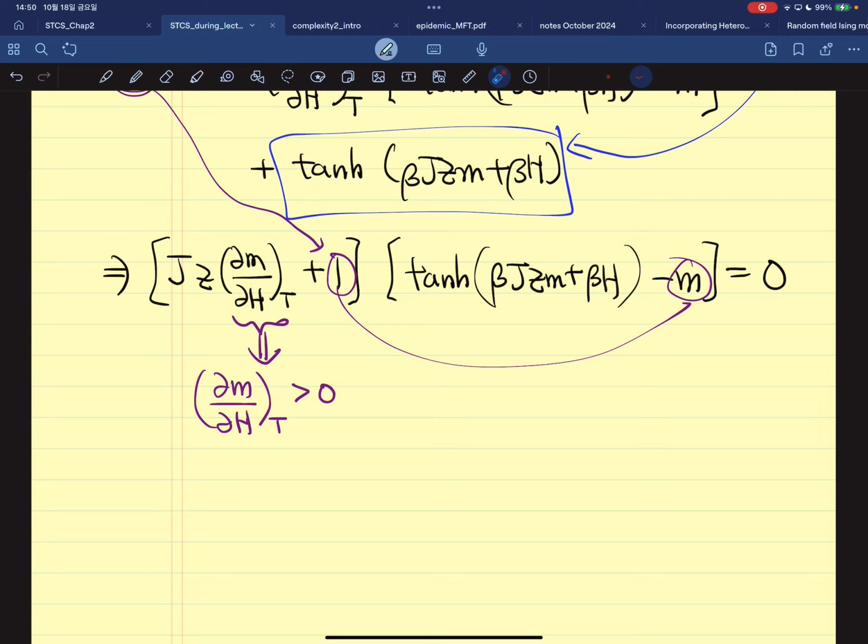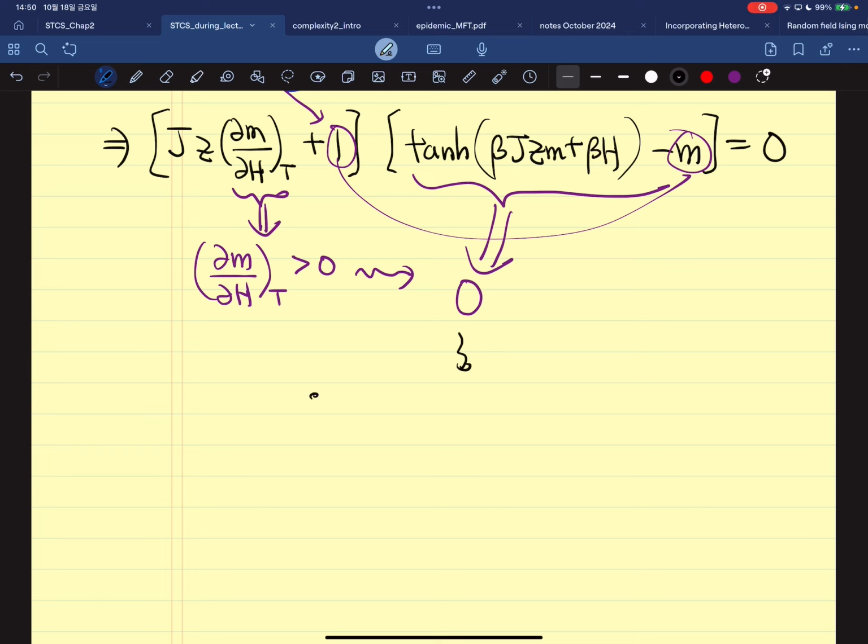Even if this becomes 0, this one would be 1 anyway. So the key factor is that because of this property, this term should be 0. Because it's A times B is 0, either this one or this one is 0, but the first one should be strictly positive, so this one should be 0.